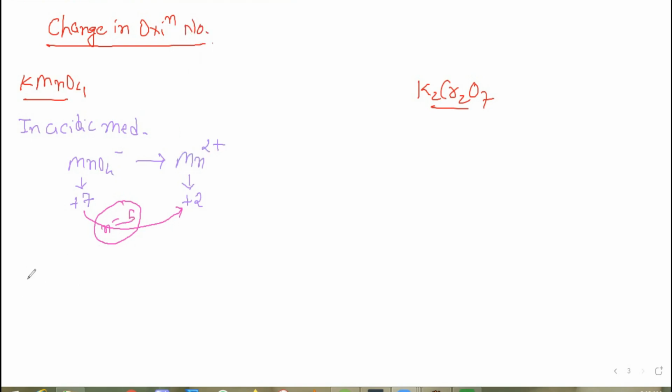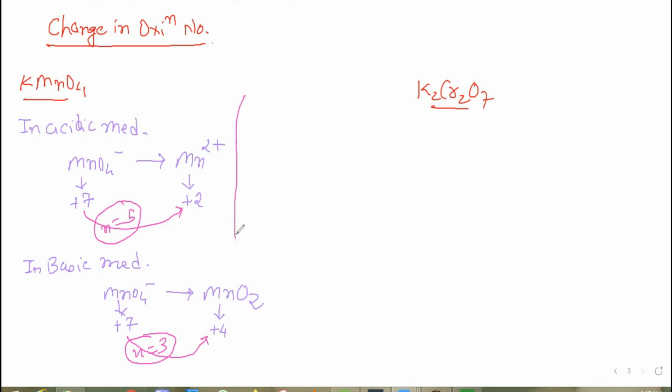Similarly, in basic media, MnO4 1 minus ion is converted into MnO2. So 1 Mn has oxidation number plus 7, another side it is plus 4. Okay, so seven to 4. So change in oxidation number is 3. So this N factor will be 3.